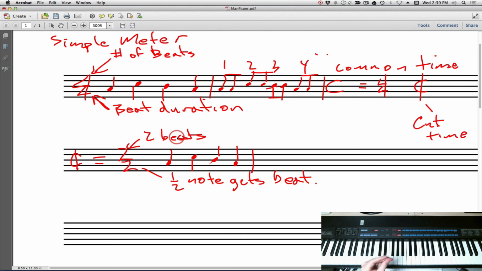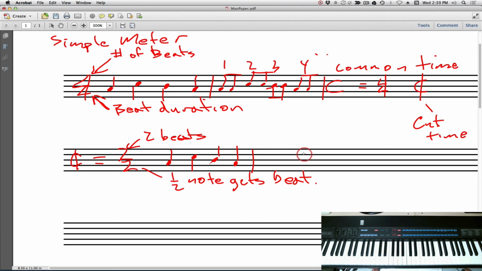If we kept the beat the same, that quick, and the half note was the beat, then this would go twice as fast. Right? 1 and 2 and so the cut time would be 2 beats of a half note in each measure. That's all cut time means.